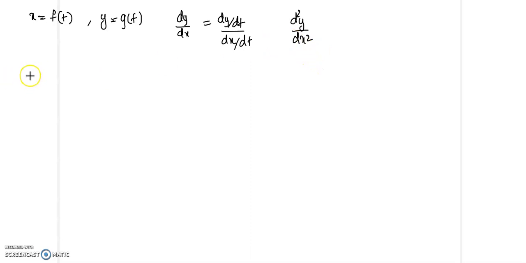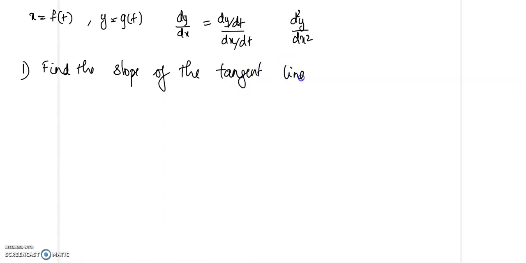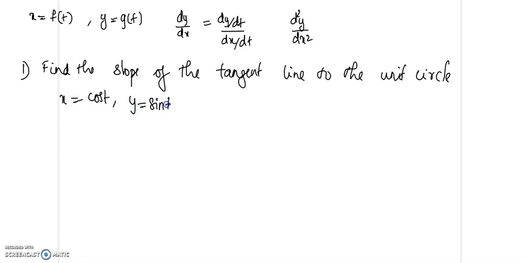Let us look at one more problem on finding the derivative. The problem is to find the slope of the tangent line to the unit circle x equal to cos t, y equal to sin t, where 0 less than or equal to t less than or equal to 2 pi, at the point t equal to pi by 6.